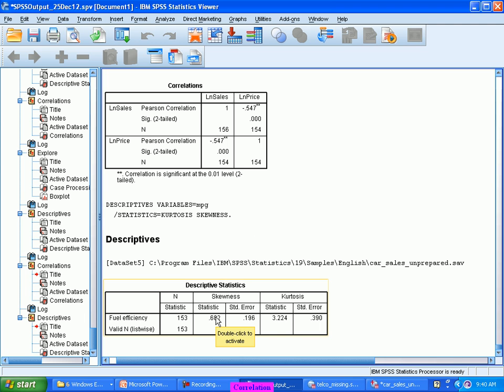Skewness is 0.68, kurtosis is 3.2. So probably I may think of either removing one outlier directly or doing a transform. As I said, one side, if I do a transform, if the skewness becomes worse, then retaining the original itself and removing the outlier makes a lot of sense.